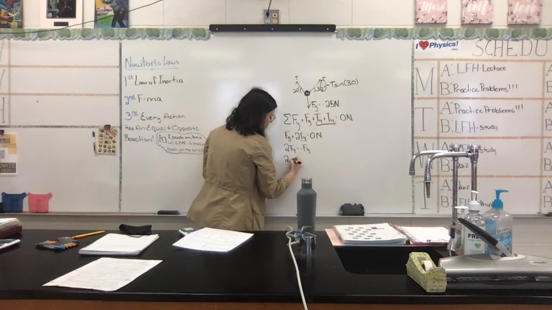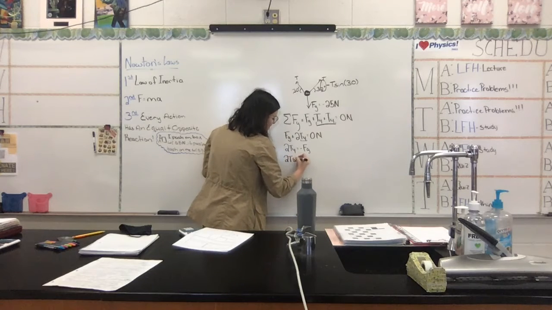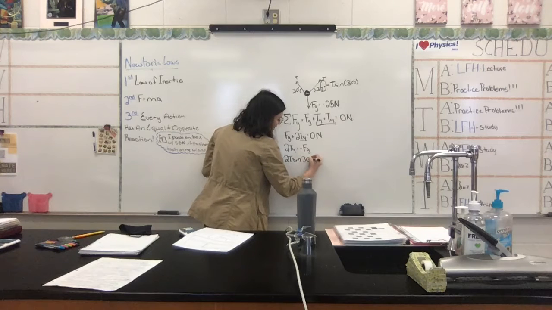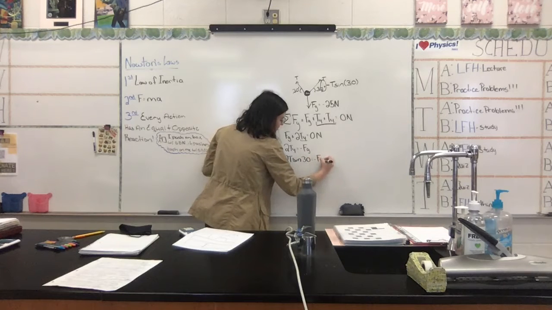We're going to have 2T sine of 30 equals negative force of gravity.